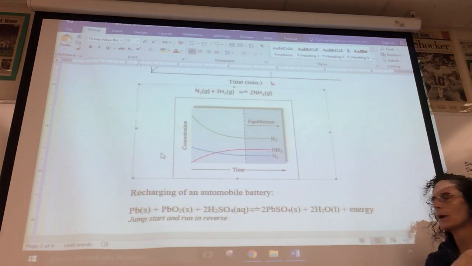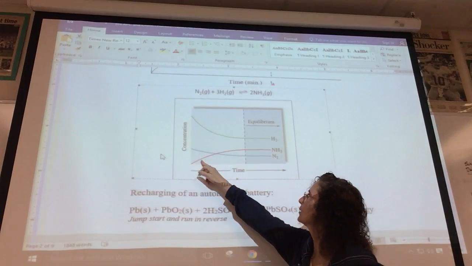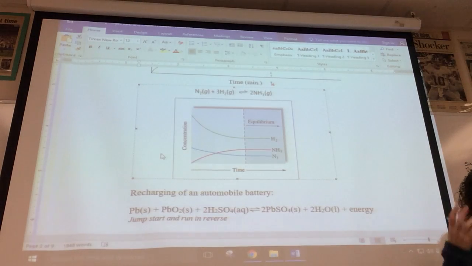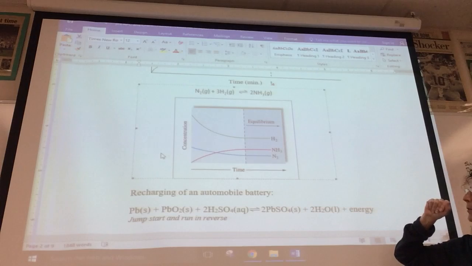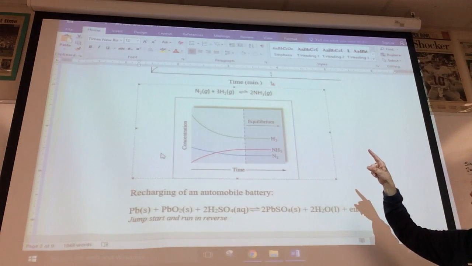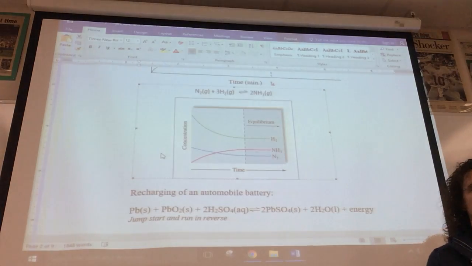But what I would expect you to be able to do is, if these weren't labeled, how do you know the red line's a product? Because it's being generated. You start with nothing and you generate some. The others are the reactants, and you could tell which was which based on the coefficients and the positioning of the hydrogen gases compared to the nitrogen gas.